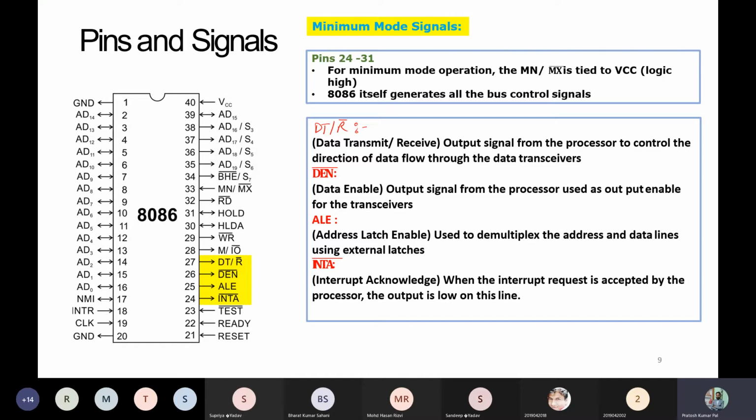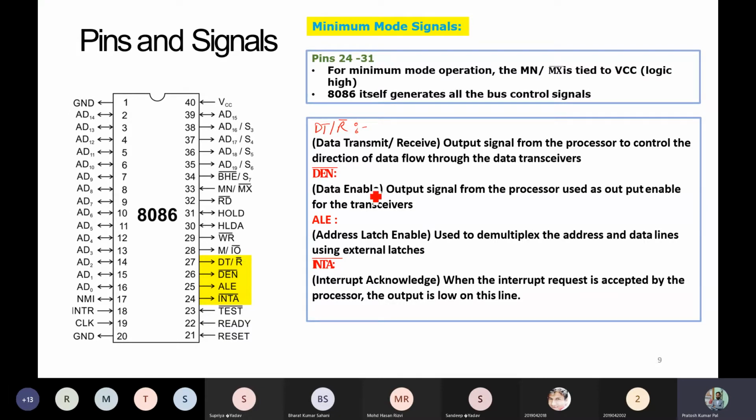These are control pins. This controls whether the data transmitting mode or the data receiving mode is there, that is, the mode of operation of the 8086 microprocessor.